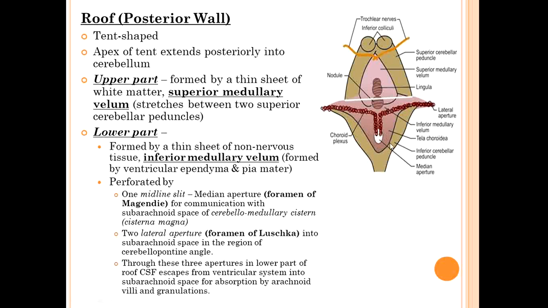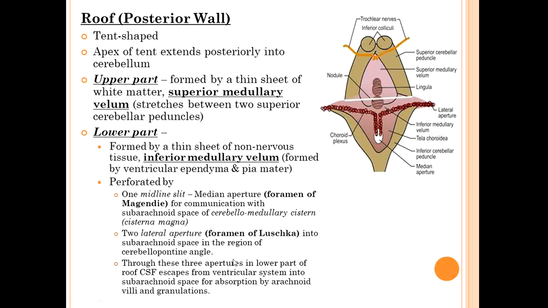So this is known as median aperture, that is foramen of Magendie, for communicating with the subarachnoid space of cerebellomedullary cistern. And two lateral openings are here on either side. These are lateral apertures, known as foramen of Luschka. Okay, so these are connecting with the subarachnoid space in the region of cerebellopontine angle.